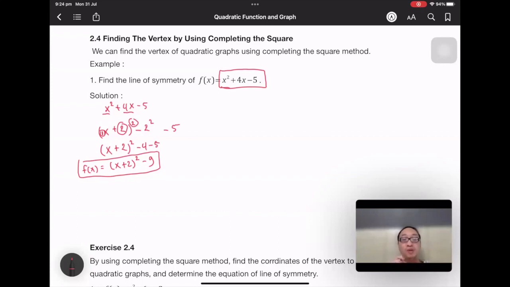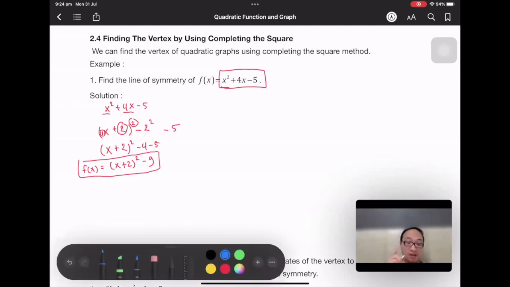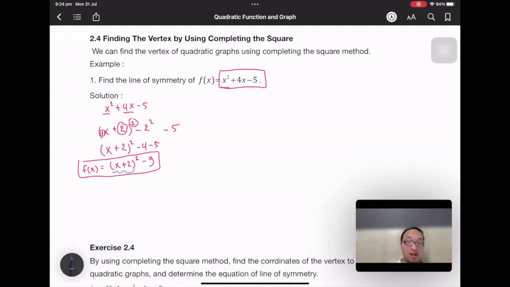Now, how do we know the vertex of the quadratic graph using this completing the square form? Let's see this term. (X plus 2) squared is a square number. Yeah, the square numbers are 1 squared, 2 squared, 3 squared. Square numbers always produce positive values. For example, negative 1 squared is 1, negative 5 squared is 25, 5 squared equals 25.